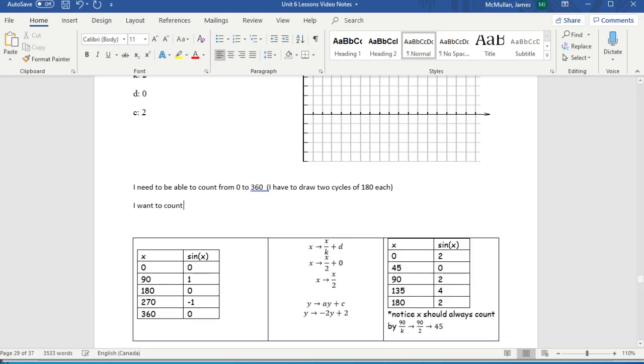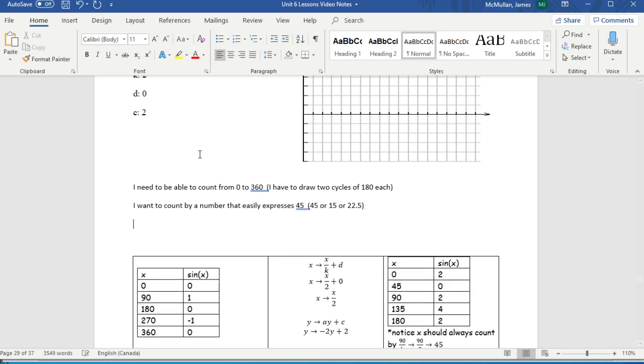I want to count by a number that easily expresses 45. My options are 45 or 15, because 15 would work, right? Because every 3 boxes would be a 45. I could also count by 22.5, in which case every other box would be 45. So I count 2 boxes, I get to 45, I count 2 boxes, I get to 90, and so on. Let's make a quick table.